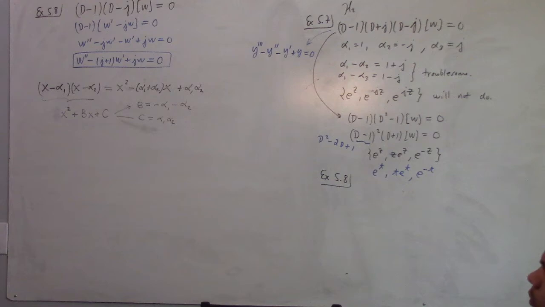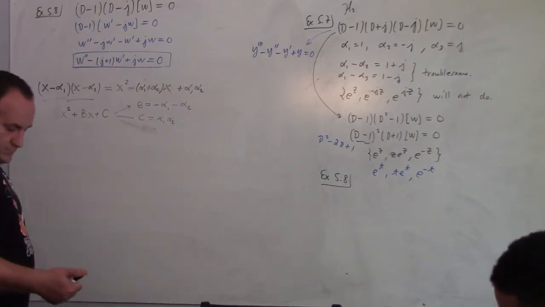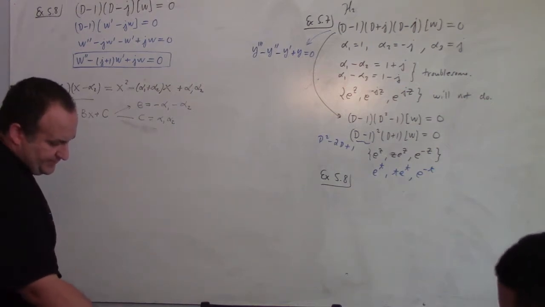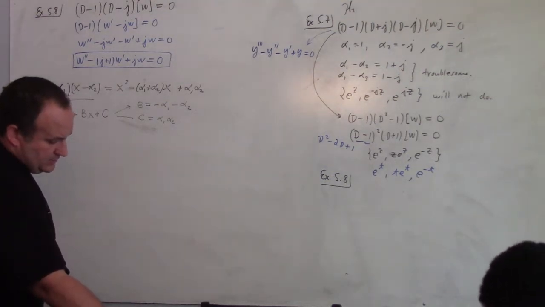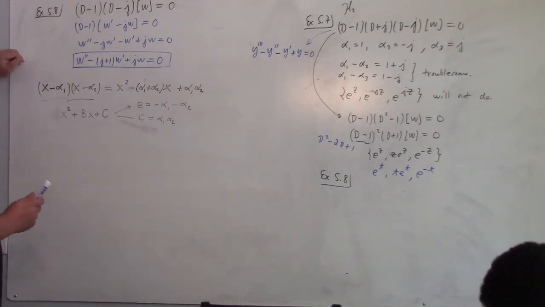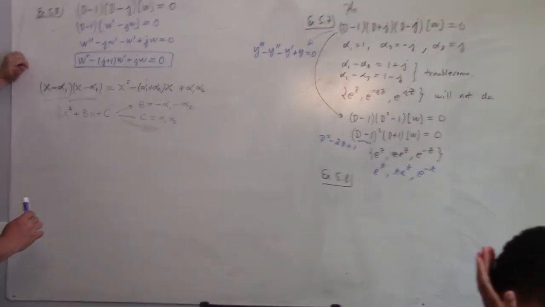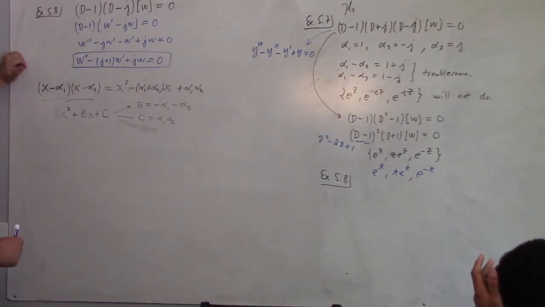Did we find a quadratic formula in the hyperbolic numbers? I mean, not explicitly. What's interesting to me here is that the theorem I have just erased says if the difference of the roots in the factorization is not a zero divisor, then we can just write down the sum of the exponentials as the solution.